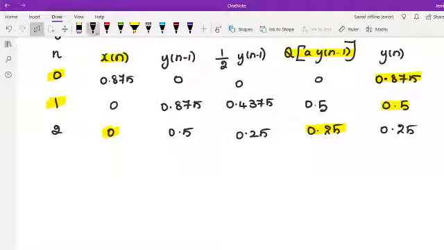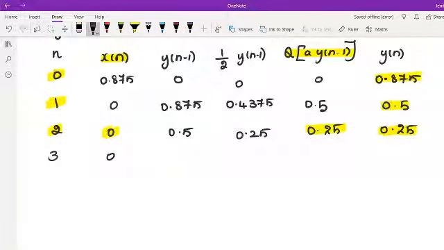So next value I am choosing n is equal to 3. When n is equal to 3, again x of n is 0, because it is clearly mentioned that at n is equal to 0 alone we have the value 0.875. Remaining all the places the values are 0. So I just substitute 0 here. And now this value y of n minus 1, that is 3 minus 1, is y of 2. For 2, that previous value is 0.25.